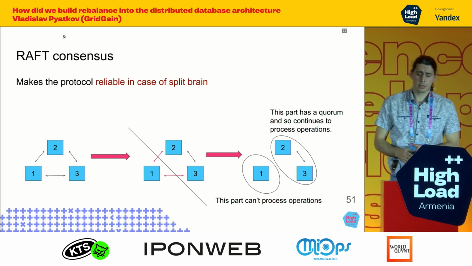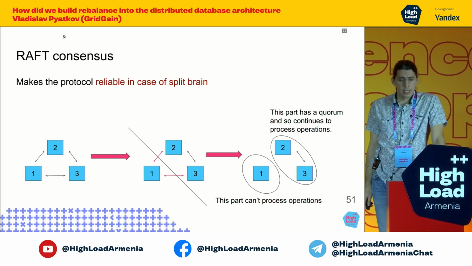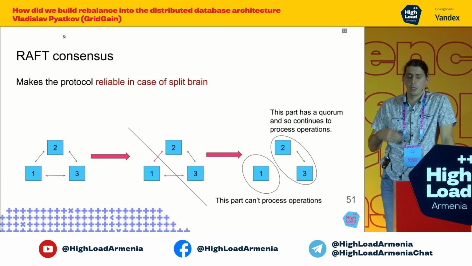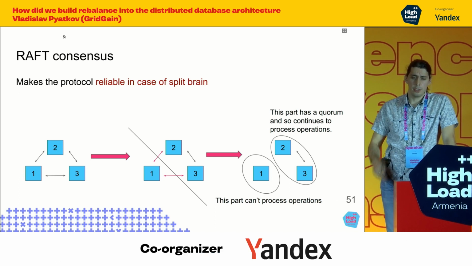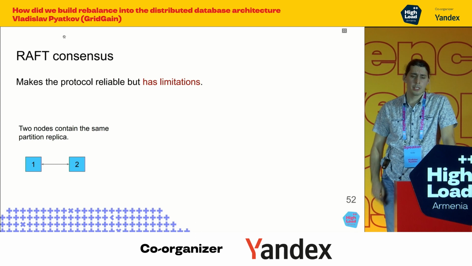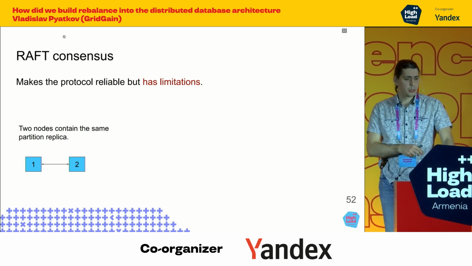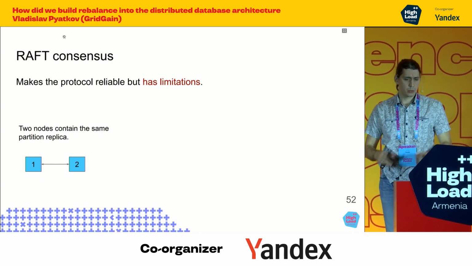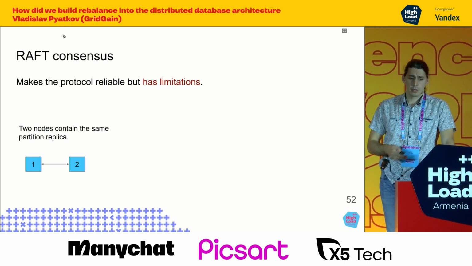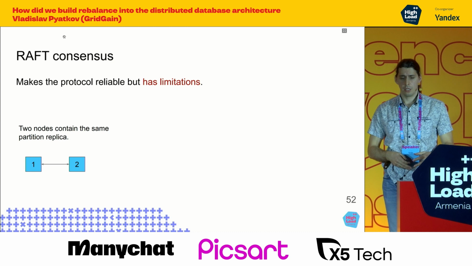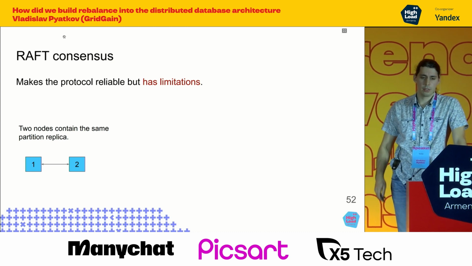Of course, it is convenient for us when we have a cluster which can process our load after the split brain. But we have a limitation when we have a two-node cluster or two nodes in a replication group. In this case, we have a RAFT replication between the nodes.